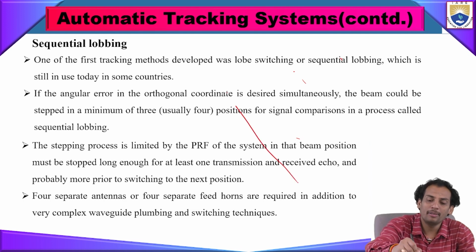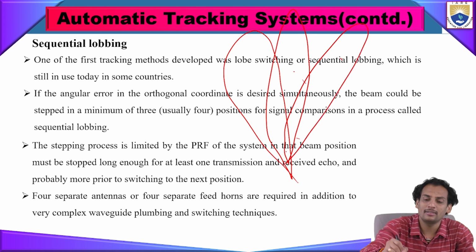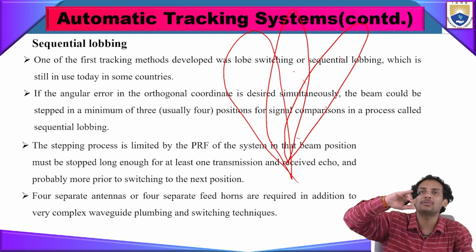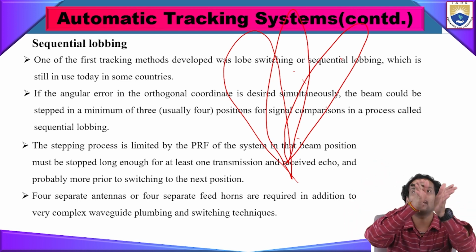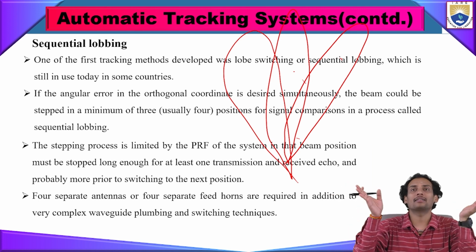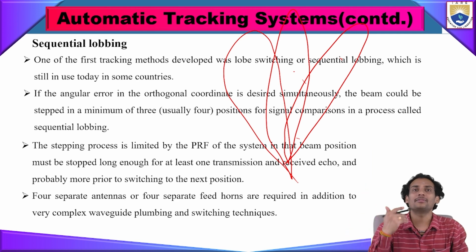Like I said, a minimum of three position lobing should be there, maybe three directional lobing. In these three directions it will send the signal, covering the entire area, so that automatically it will receive the echoes and detect the target.